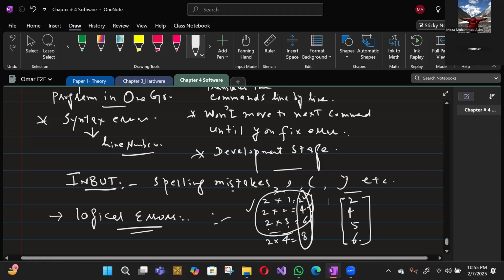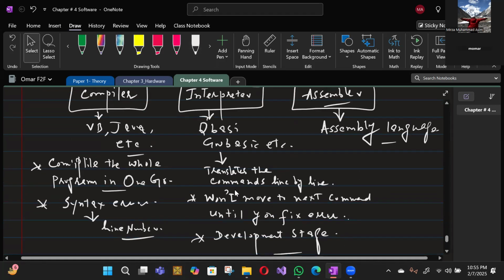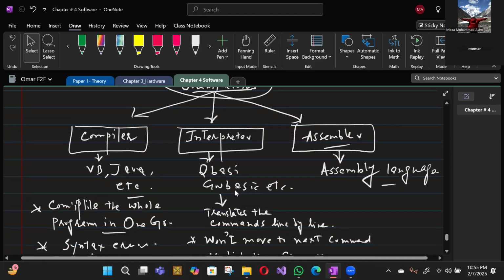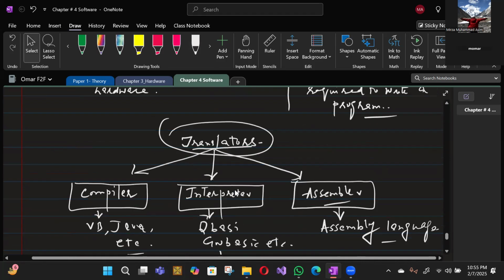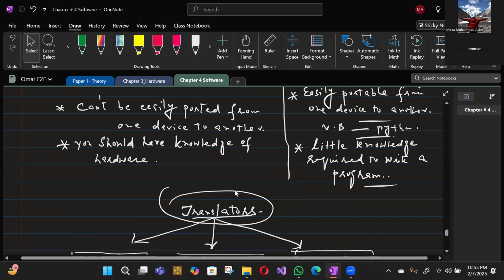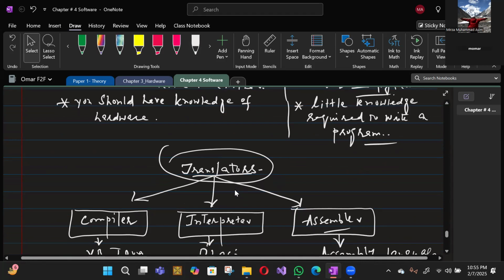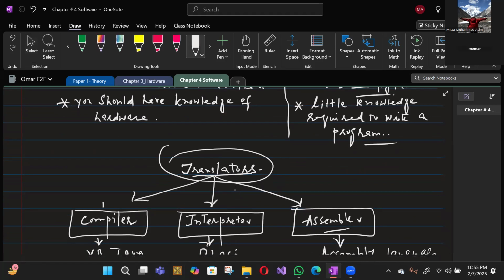Okay, a compiler can also create an executable file for commercial purposes, right? And you know, commercial purpose means, Umar, whenever you purchase a game, you won't be having the code of the game.